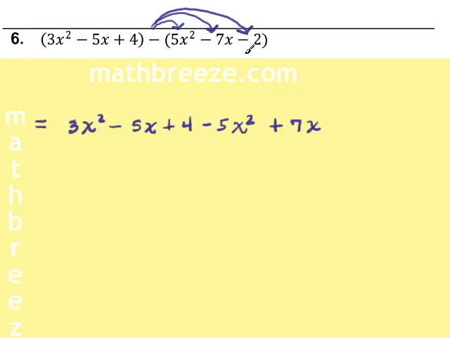And minus times minus is plus, plus 2. All right, and now for the like terms. 3 minus 5, that's negative 2x squared. Minus 5x plus 7x, that's plus 2x. And 4 plus 2.